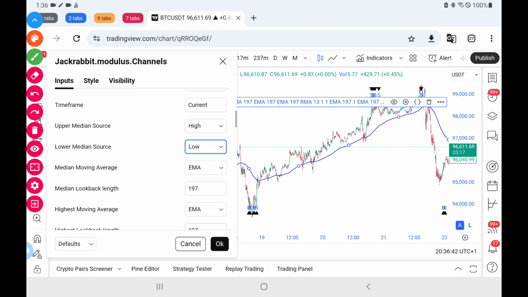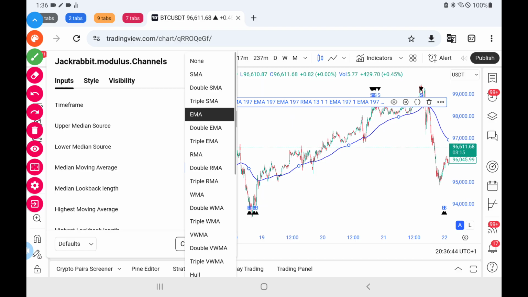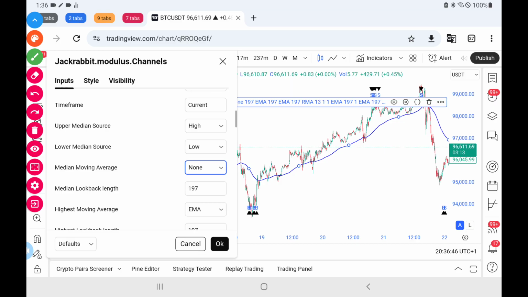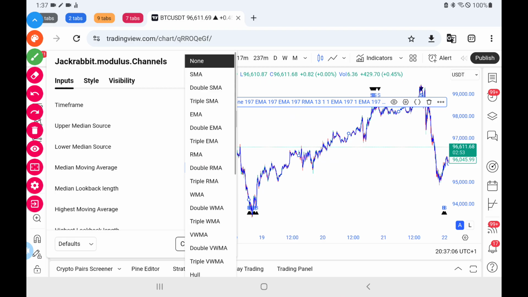We might want the median to be just raw price action. And we can see now on the chart, by setting the moving average to none, the median is now just the average of the high and the low of the candle. But we can have whatever we want in terms of what is available for choosing.